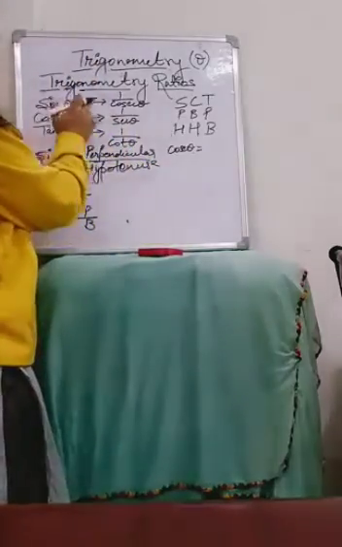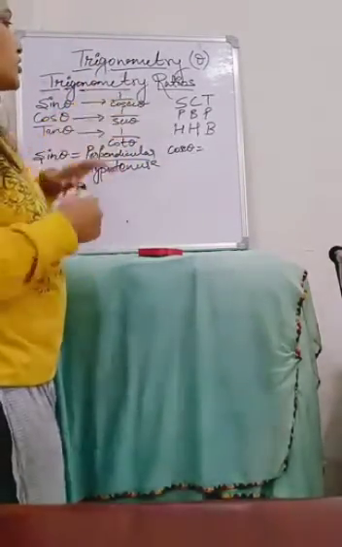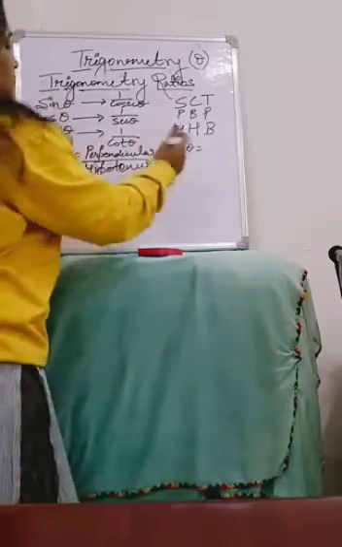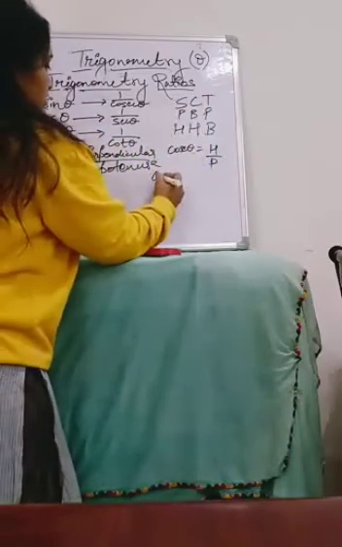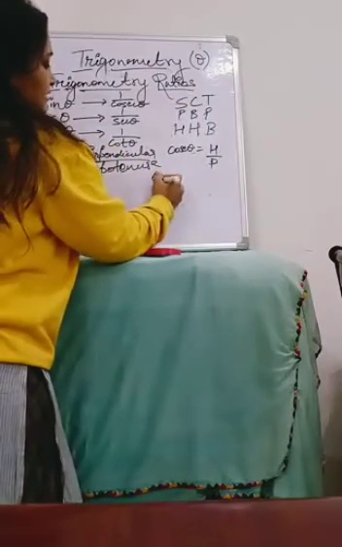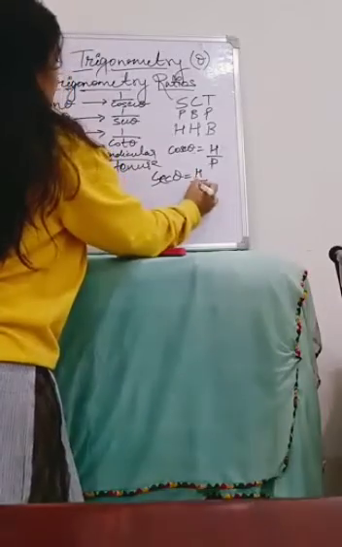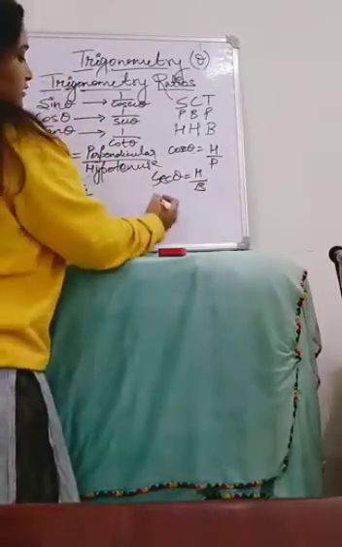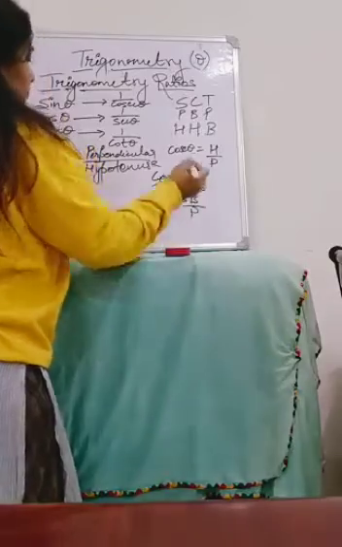Sin theta's reciprocal is 1 upon cosec theta, so cosec theta will be hypotenuse upon perpendicular. Cos theta's reciprocal is sec theta, which is hypotenuse upon base, and tan theta's reciprocal is cot theta, which is base upon perpendicular.